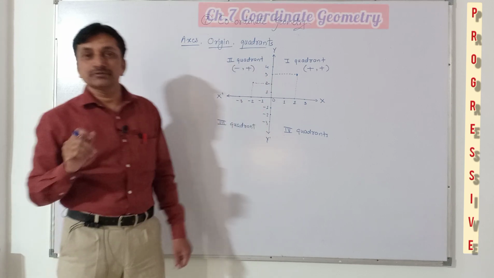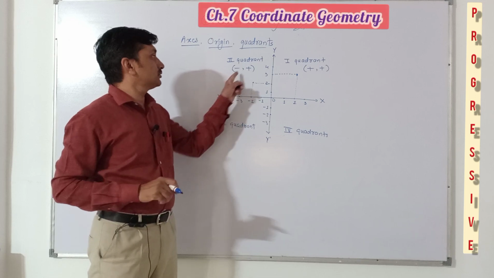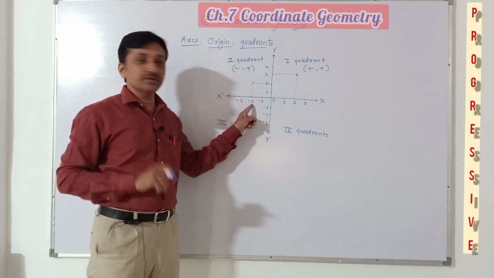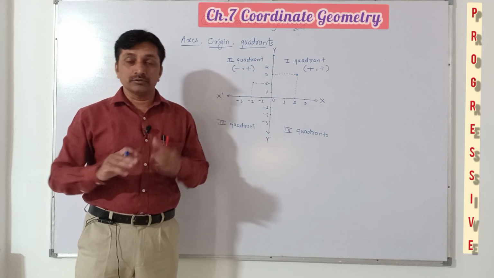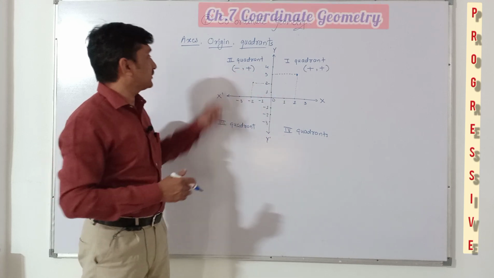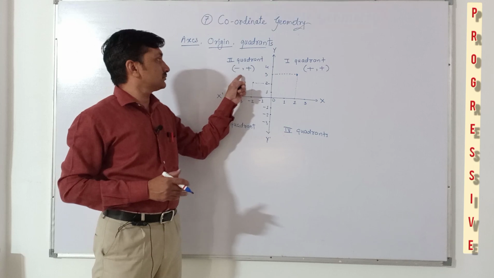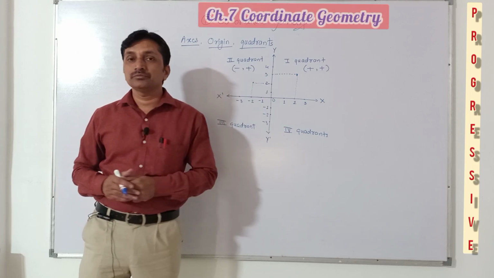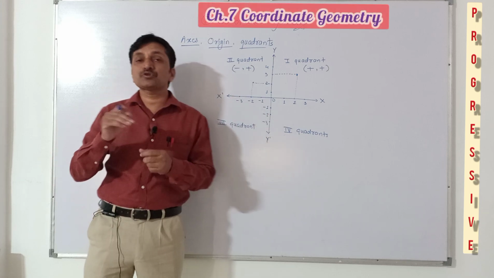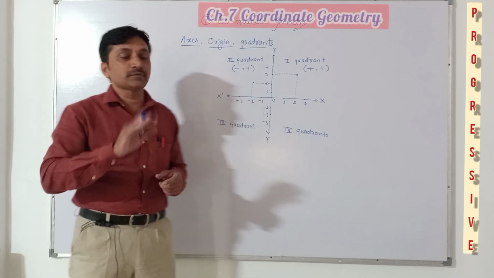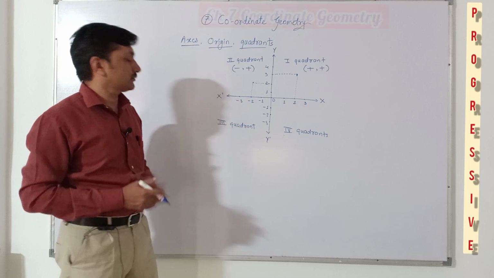If point lies in second quadrant, x coordinate is negative and y coordinate is positive. Or if I ask you that if coordinates are negative, positive, then in which quadrant does it lie? Then the point lies in second quadrant.